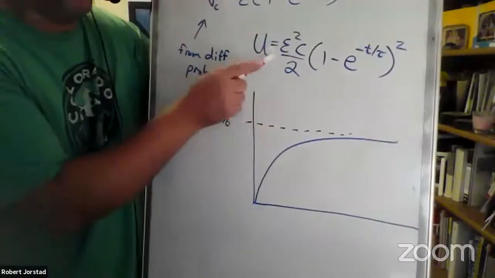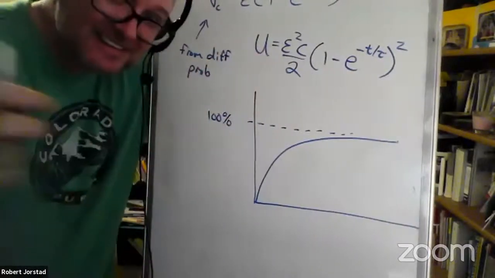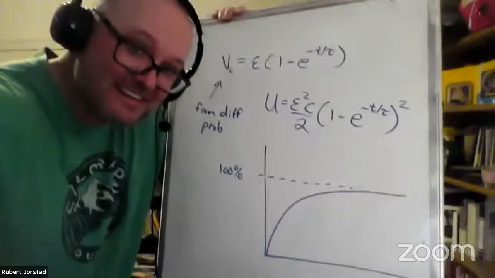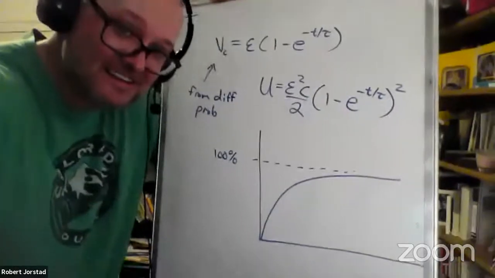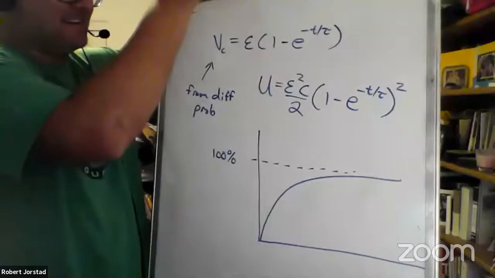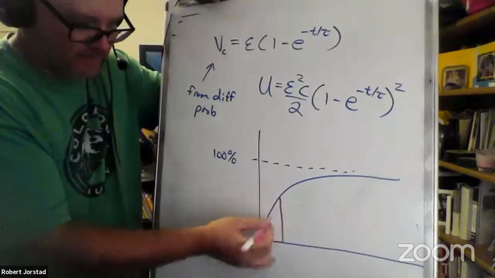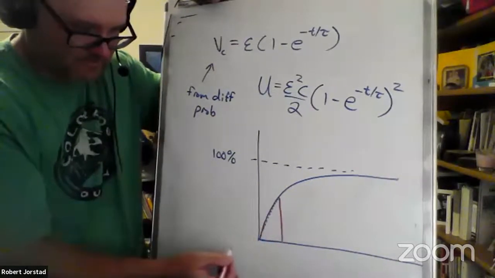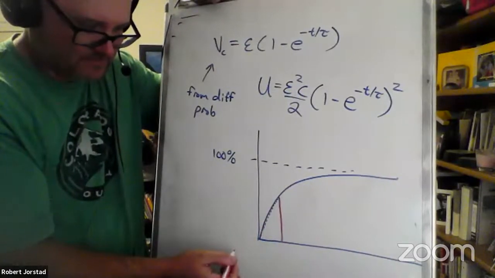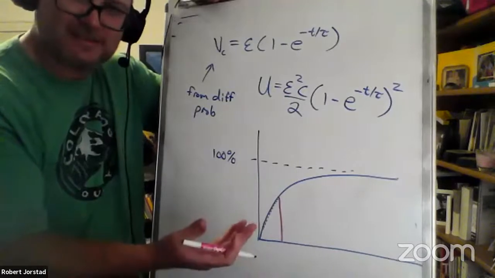Would it be the derivative of this curve or the slope? Remember, you got to square this thing somehow. What do you get when you square a linear function? What do you get when you square x? A parabola. Concave up at the beginning.